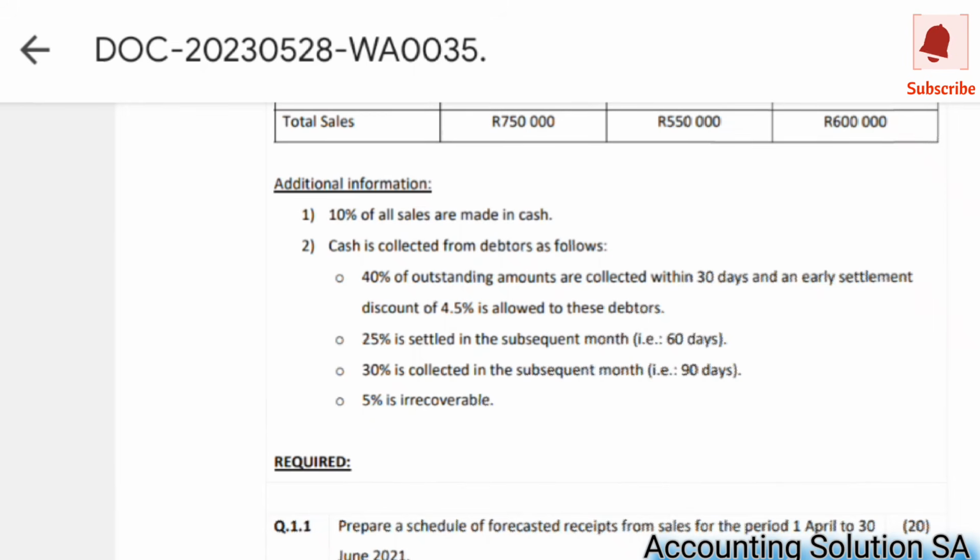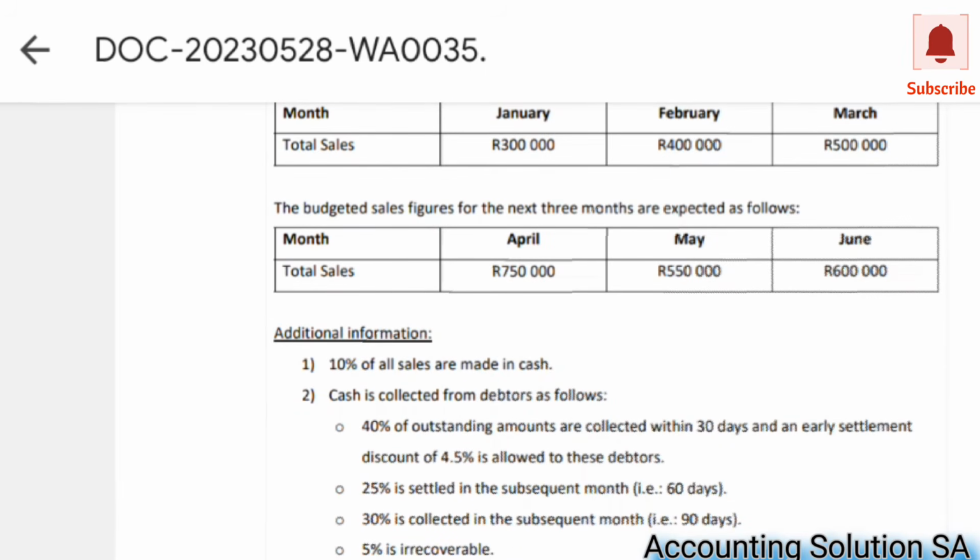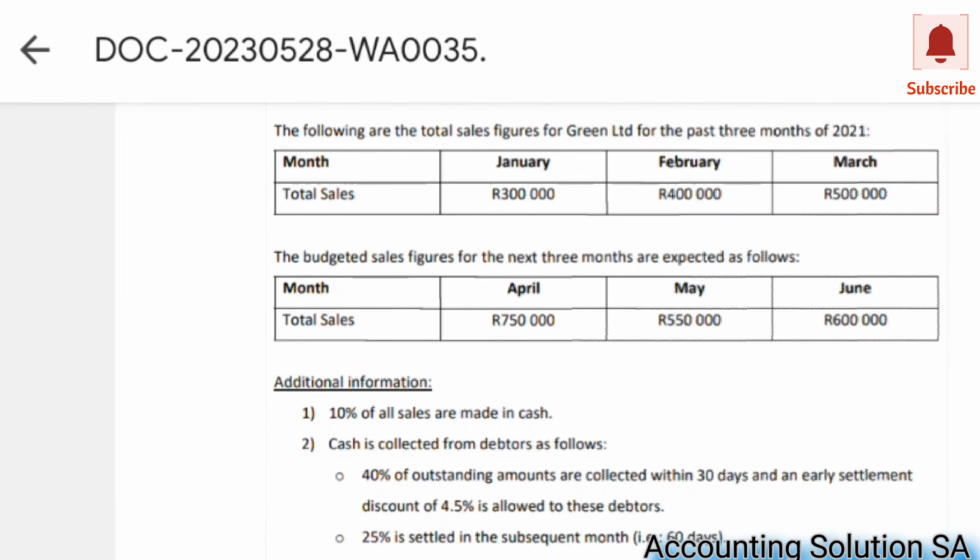Okay, so if they say that, which means that also part of sales, cash sales that we receive of 10% for each month, you also have to calculate. Okay, January total sales is 300, February 400, March 500, April 750, May 550, June 600.